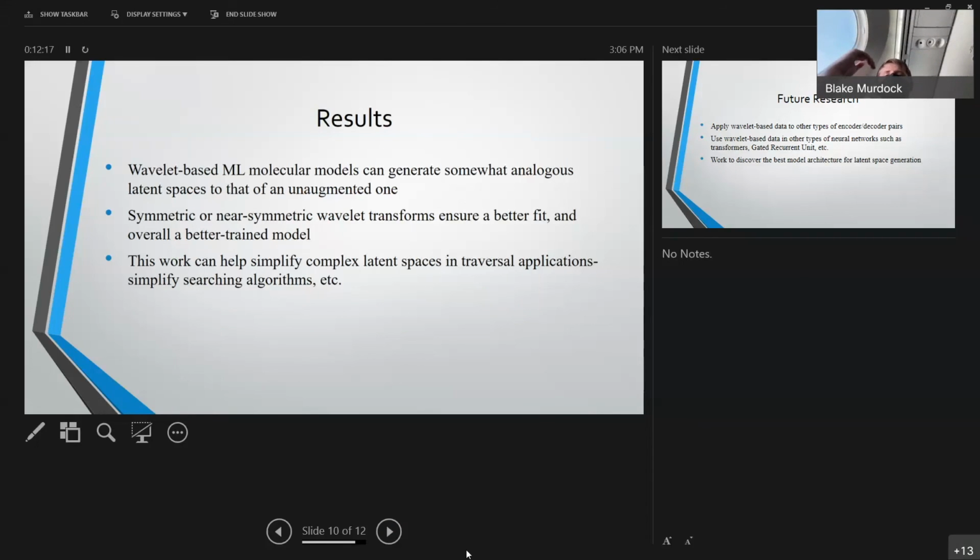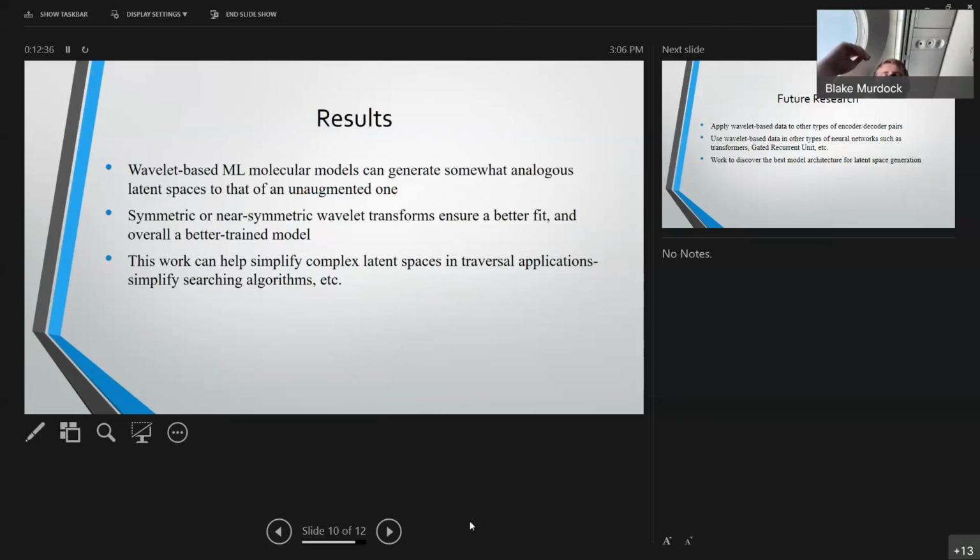Eventually this could help simplify these complex latent spaces in traversal applications, like searching algorithms, drug discovery, different avenues that have you looking through big data sets for molecules that are similar to one another.